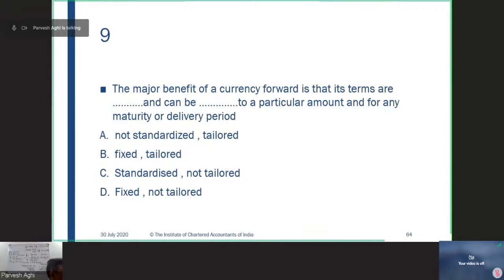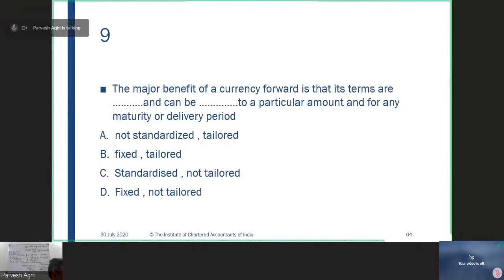The bank accepts and converts my dollars at a fixed exchange rate. So everything can be tailored according to your own choice: the amount, the foreign exchange rate, the day.